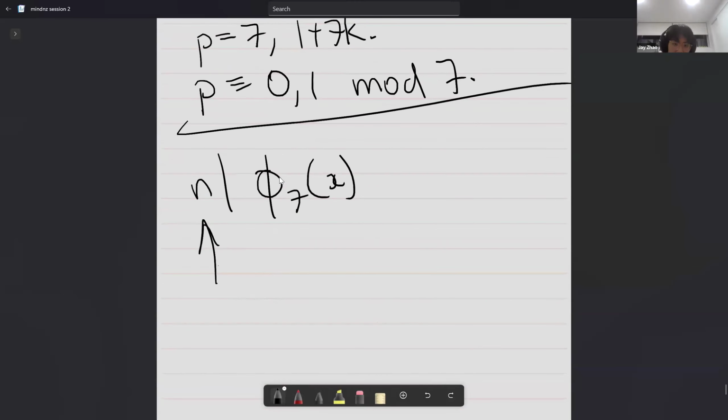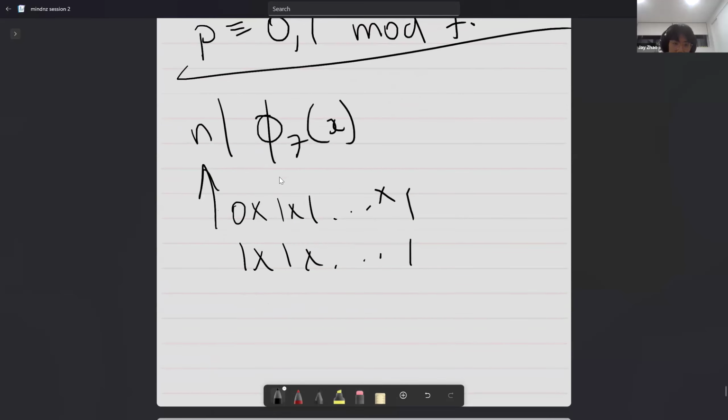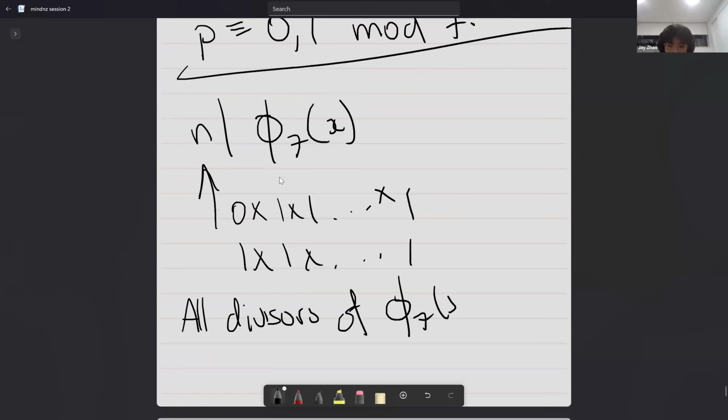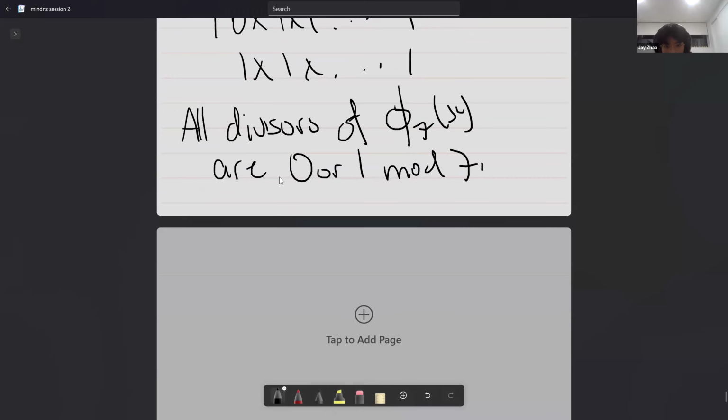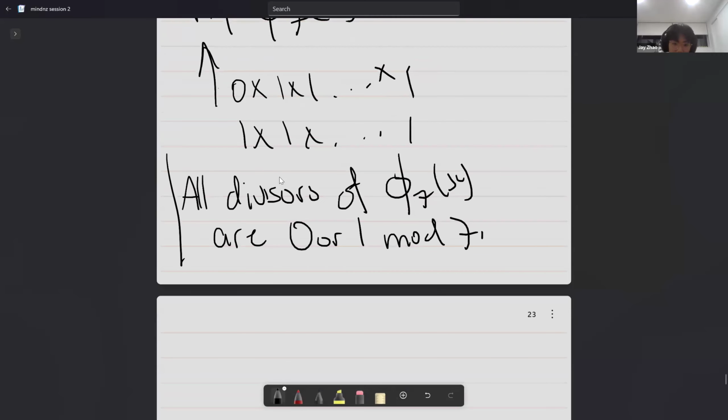So mod 7, this is equal to either 0 times 1 times 1, some number of times, or 1 times 1 times 1, some number of times. So all divisors of this are 0 or 1 mod 7.